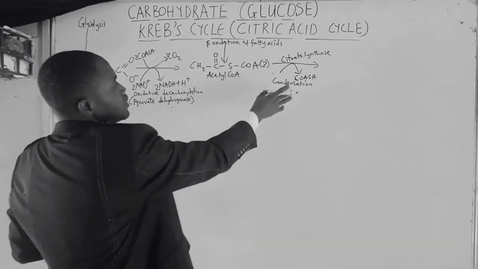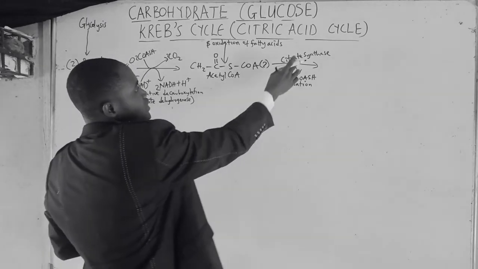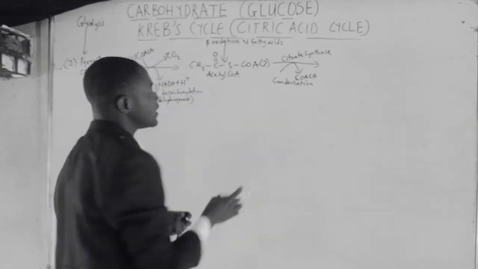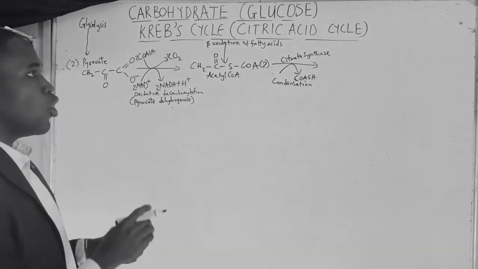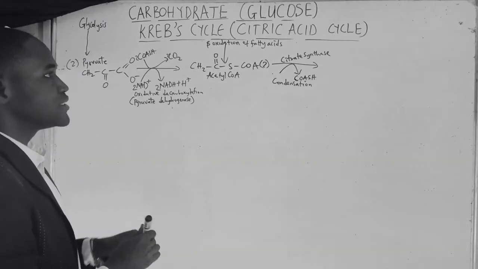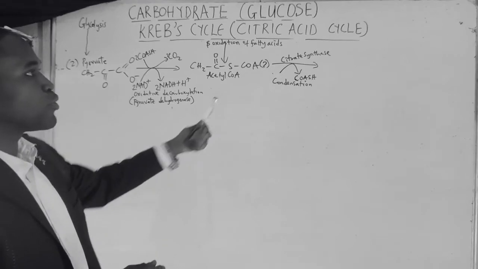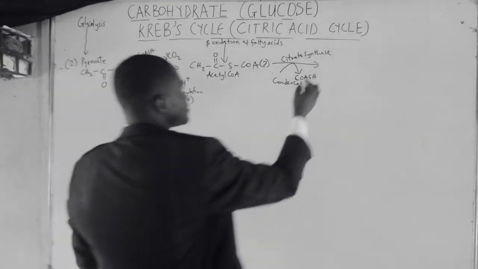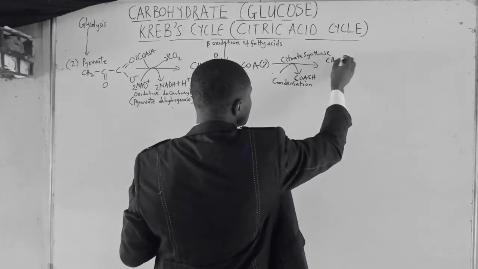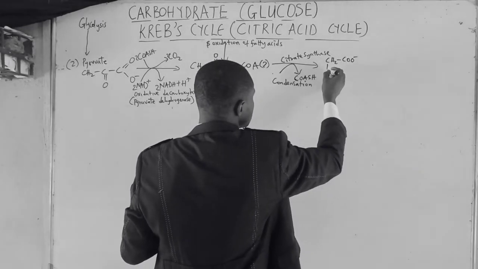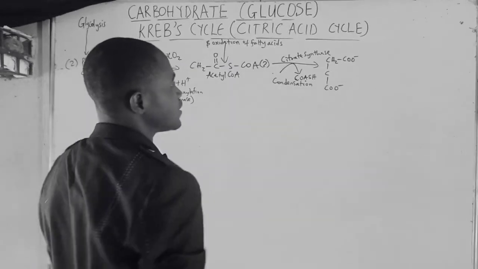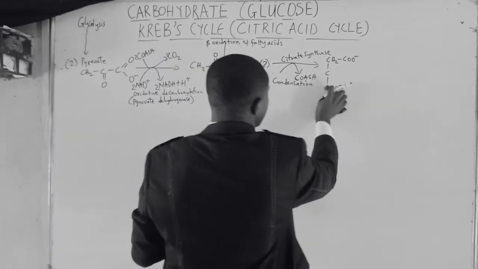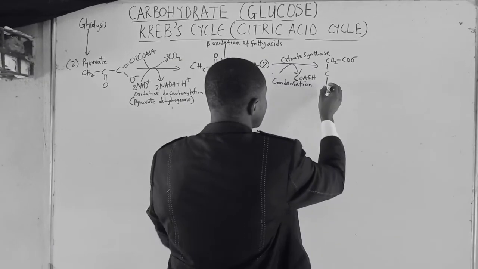So once this condensation reaction takes place in the presence of citrate synthase and they act on this acetyl-CoA, what you will have is citrate. So this will produce what we call citrate. CH2COO, C, then COO. This is citrate.